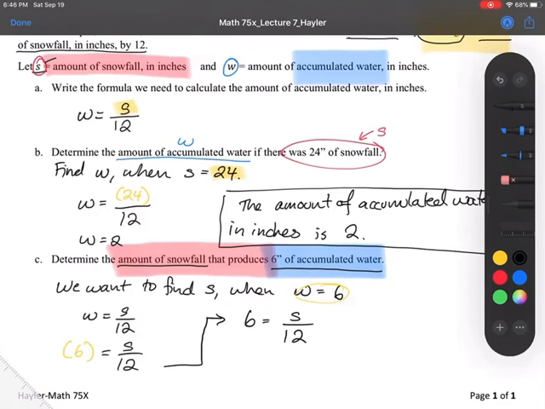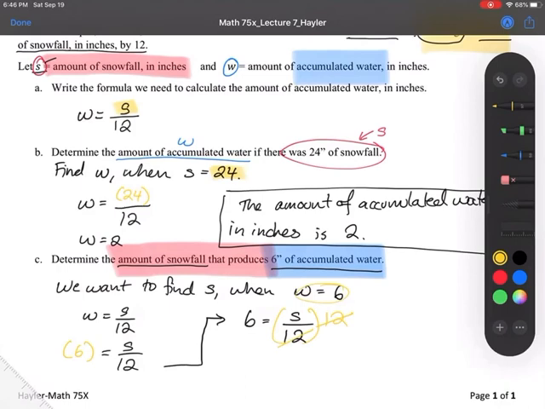Now to get S by itself, notice S is being divided by 12. So how do we undo division? Well, multiplication. So we're going to multiply both sides by 12, because when we do that, those cancel.